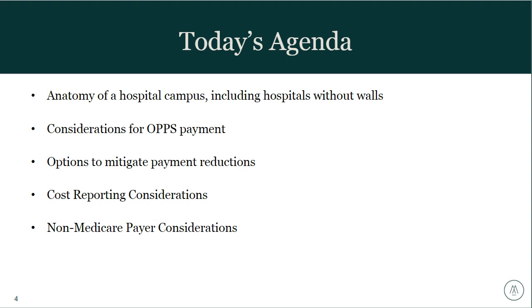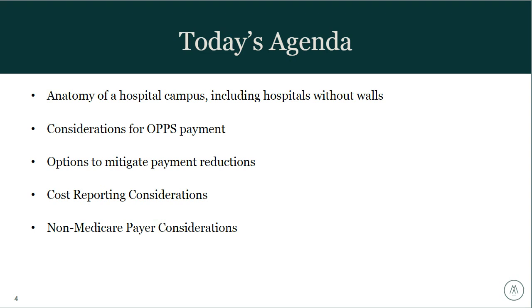We'll look at ways to avoid payment reductions, ways to avoid the traps of them. Think about how you do cost reporting right in this new and complicated regime, and try to wrap up with some discussions. We'll take questions along the way. So to make sure that we get to all of your issues, you can also ask some questions in the Q&A feature as we go.